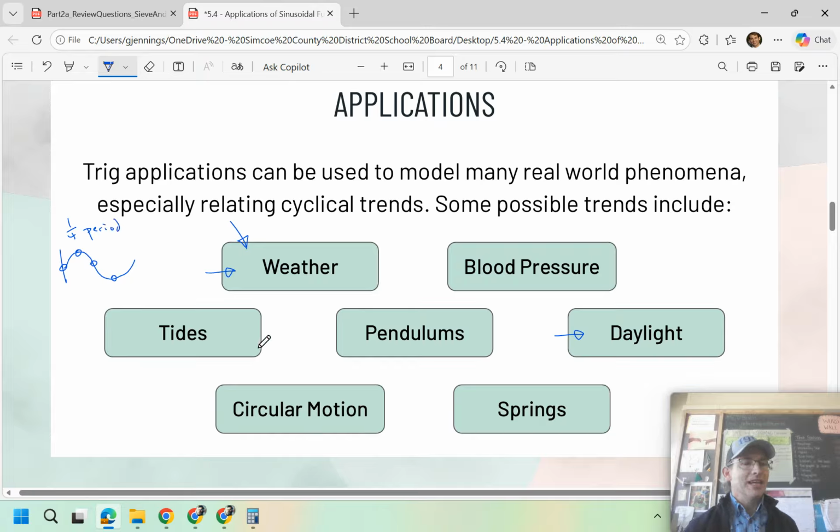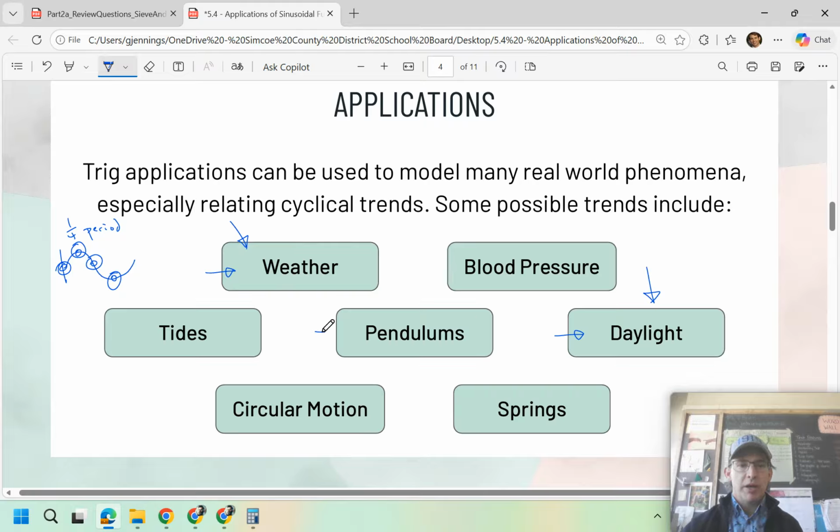So weather and day length are all connected to that. You could also use the day, and so daylight, like this would be midnight, and this would be noon, and this would be sunrise and sunset. So you could use those to memorize your different points along the period of these things.